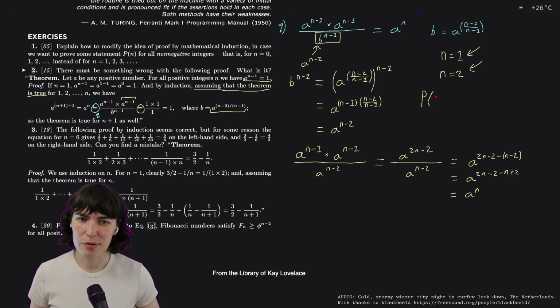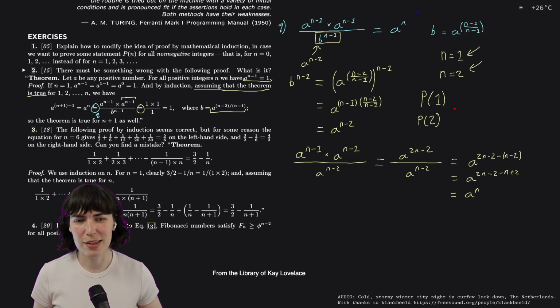We've sorted out P1. Let's say we're moving on to P2, and we're trying to rely on the fact that a n minus 1 is going to be positive. Is that anything?